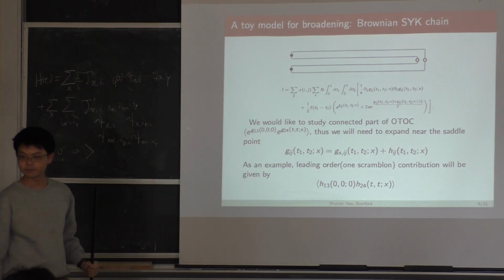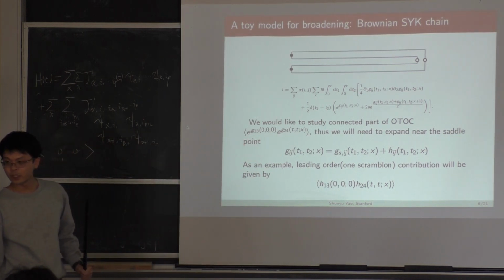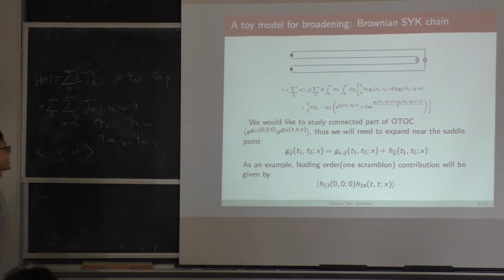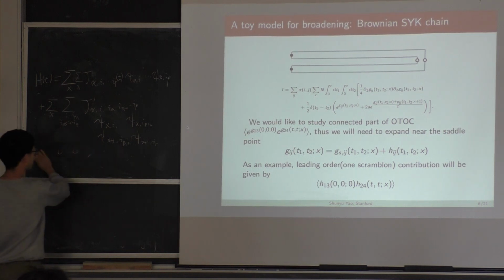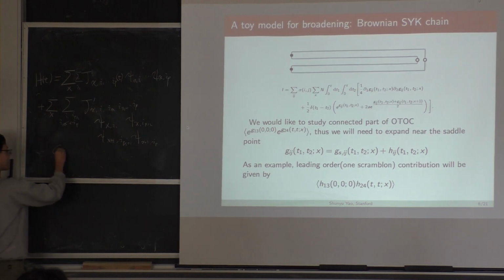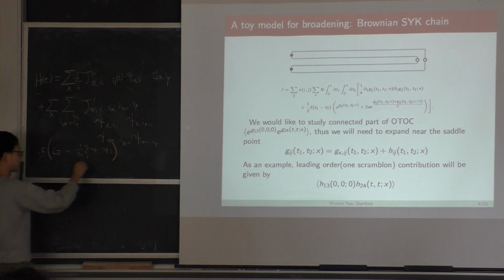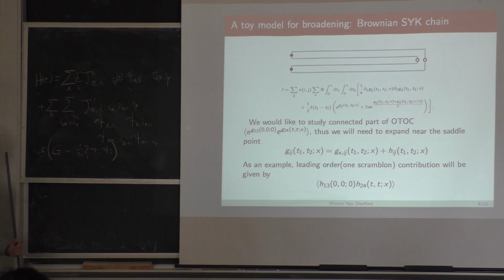Actually, can you say where we got this action from? Right, that's a slightly long story. For the SYK model, you can describe this model using the so-called G sigma action. What you do is you introduce a G field and you put a delta function of G minus 1 over N sum over i, psi i. And you write this delta function as some integral over the sigma field, like this whole thing in the bracket.